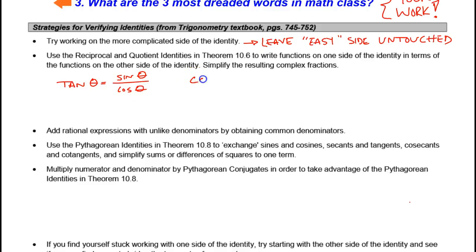We know that the cotangent of theta is cosine theta over sine theta. We've got two others. Secant theta is 1 over cosine theta. Last but not least, cosecant theta equals 1 over sine theta.